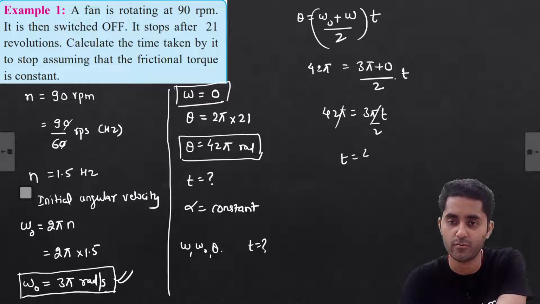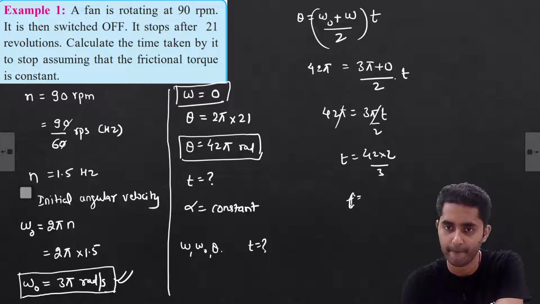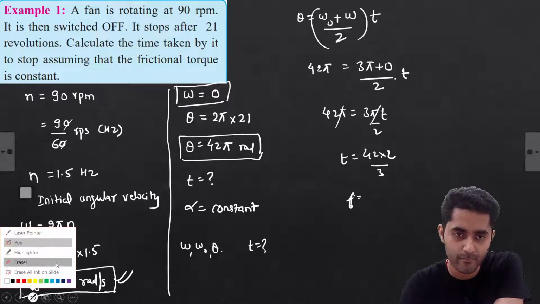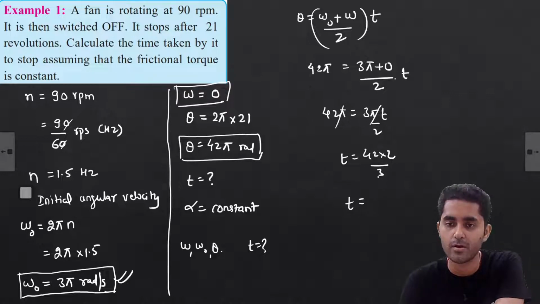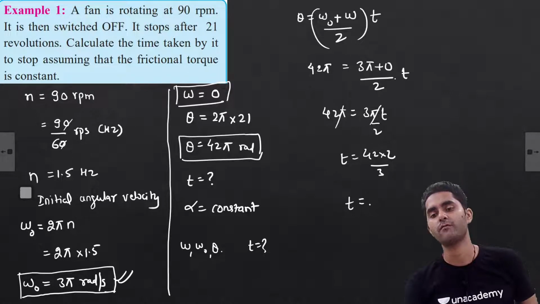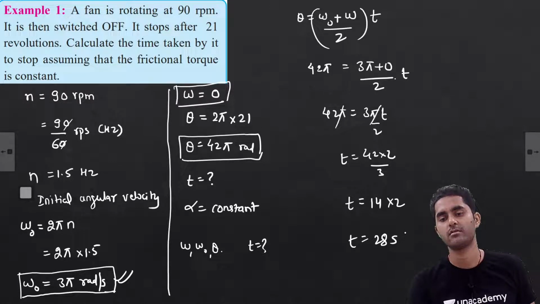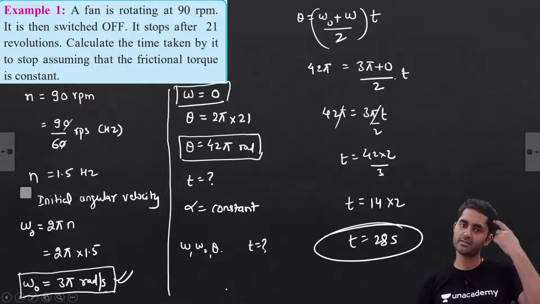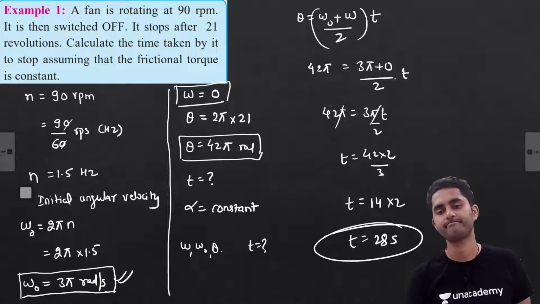So t will be equal to 42 into 2 by 3. So it will be 14 multiplied by 2, or 28 seconds. So at 28 seconds it completes 21 revolutions. Very simple.